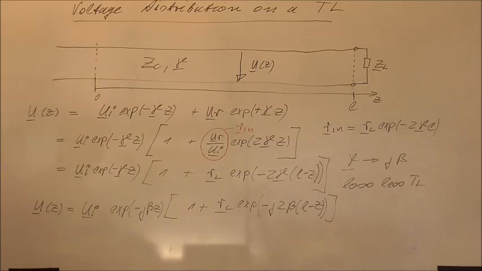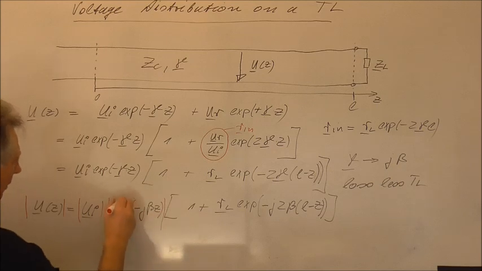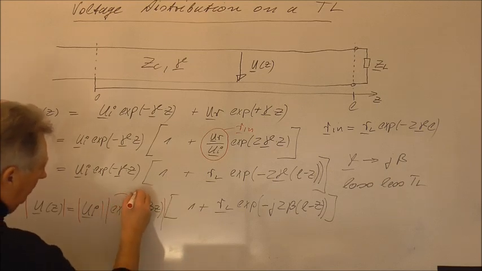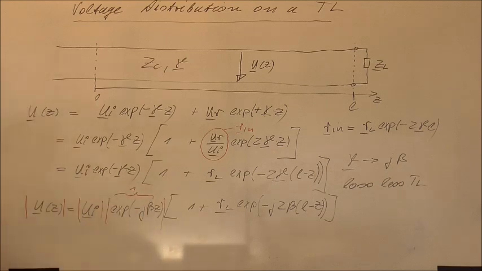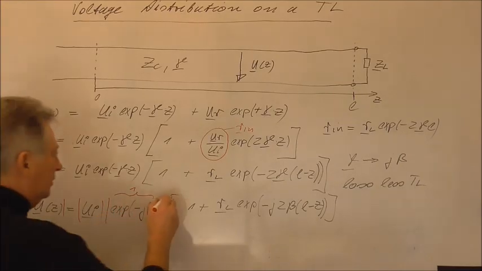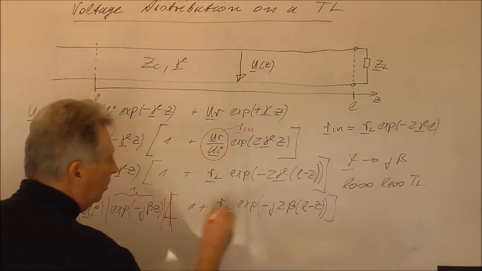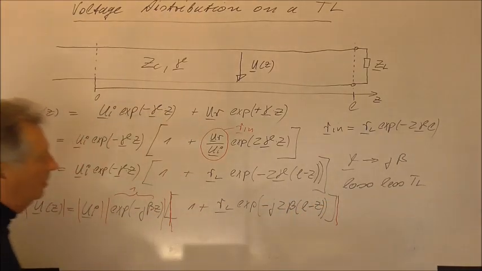And of course later on I will be only interested in the absolute value, so we can take the absolute value, which is identical to the amplitude, and if I take the absolute value of this, then this will be equal to 1, and we have to discuss the absolute value of this expression.